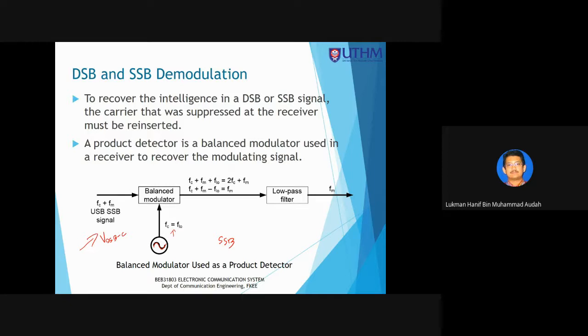Okay, kita kena tune pada carrier frequency so that dia boleh oscillate dengan carrier tadi. Okay. So, and then put inside the balance modulator. So nampak tak? Dalam sini pun ada balance modulator. Sedangkan kita berada pada demodulator. So dalam demodulator itu ada modulator.